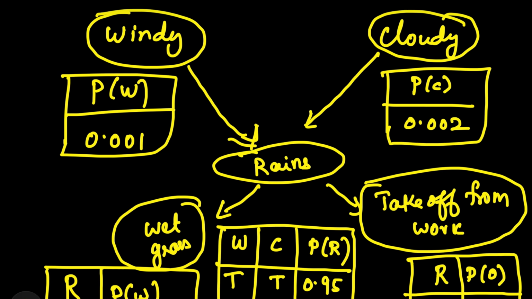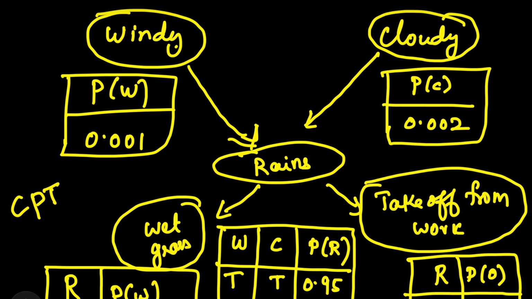Since each and every feature is dependent on some other features, we have to consider the dependency. That's why we have a table called CPT, a conditional probability table. Each and every variable in the graph will have a conditional probability table, a single table under each feature.